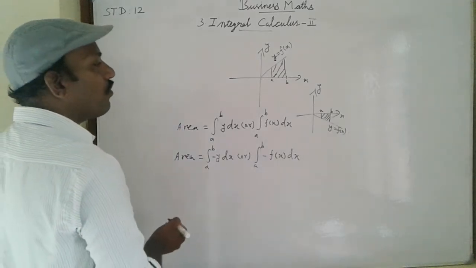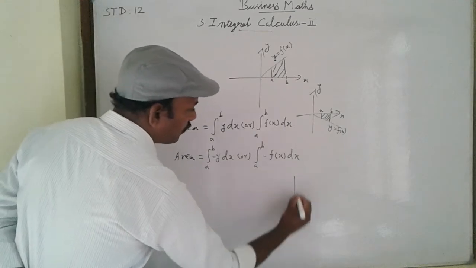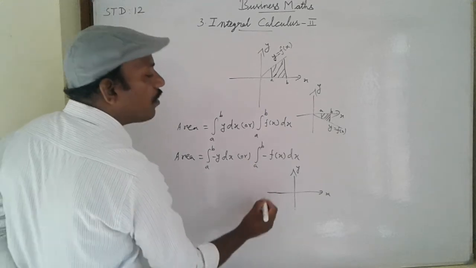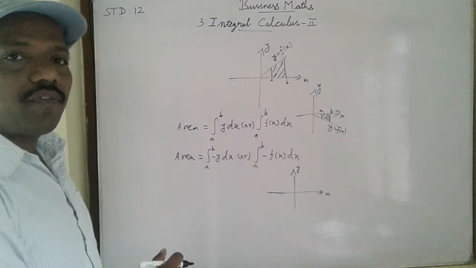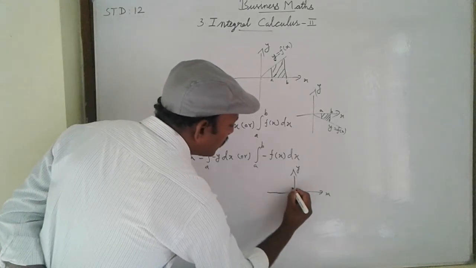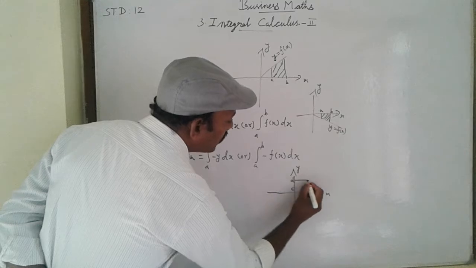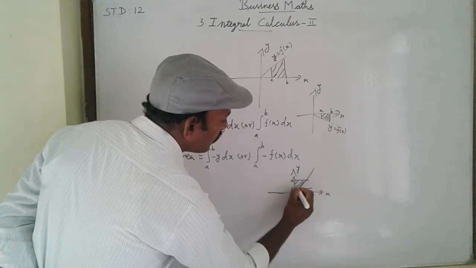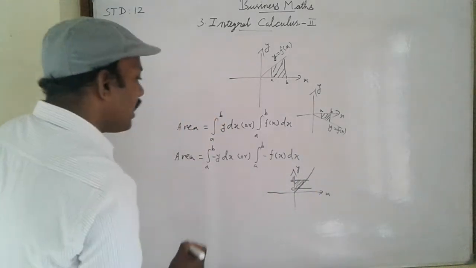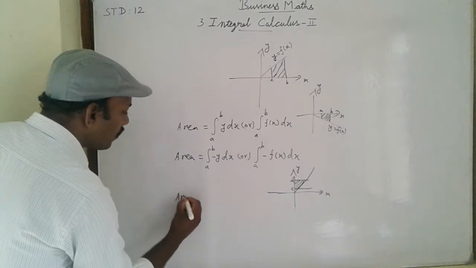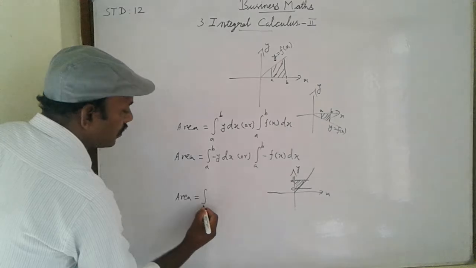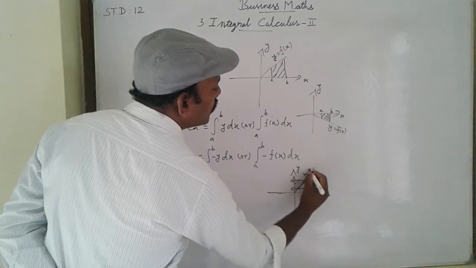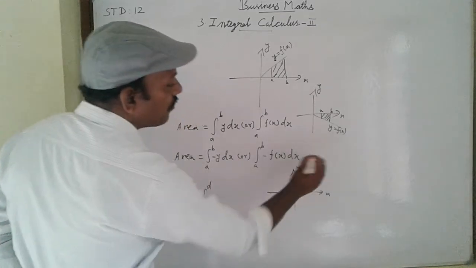Next, with respect to the y-axis. This is the x-axis, this is the y-axis. On the right side of the y-axis, we should find out the area between points C and D. Then the formula is area equal to the integral from C to D, where x equal to g of y is the function we take.